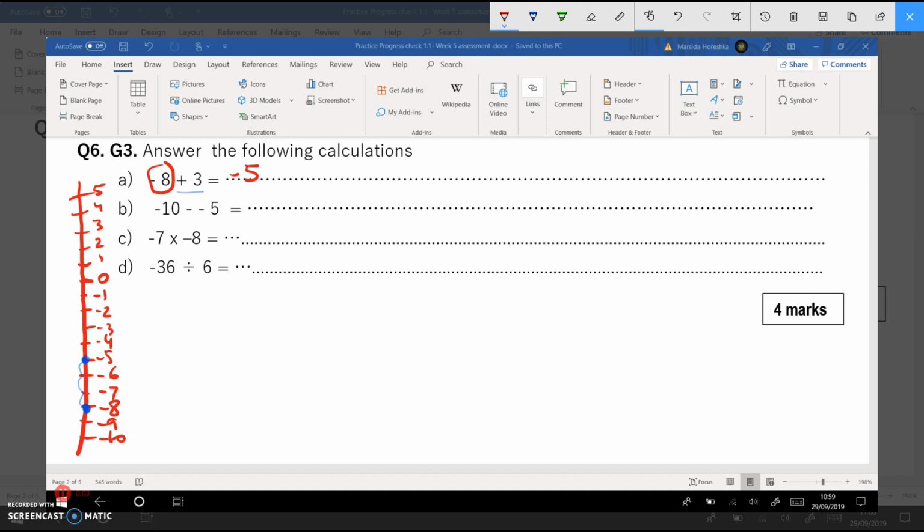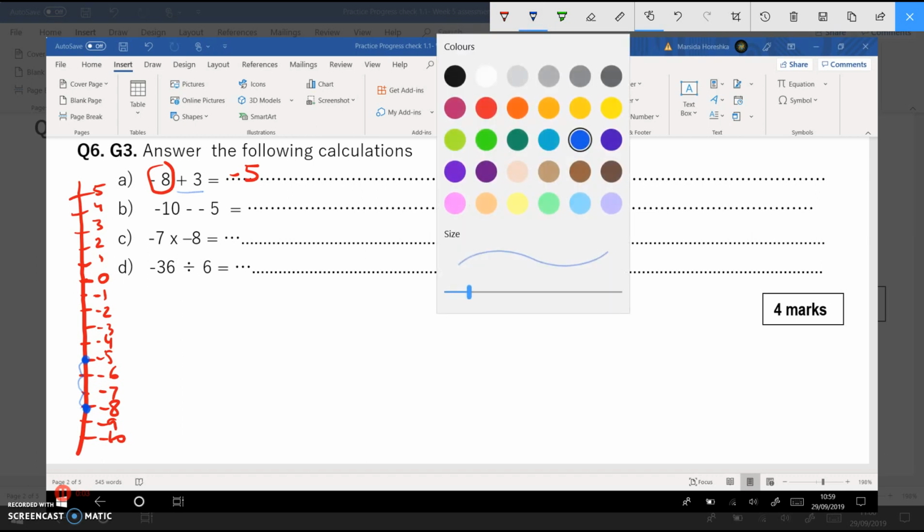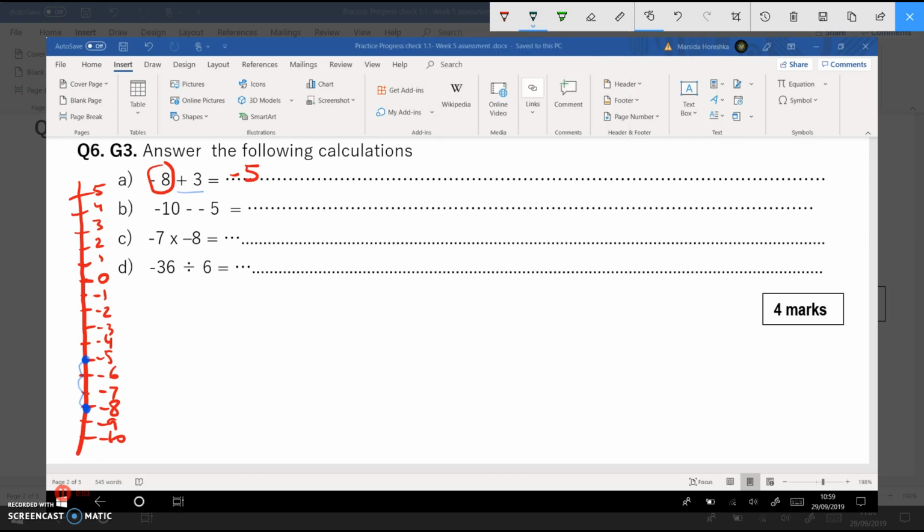Then we have -10 minus -5. So the initial temperature is -10. So we're starting on -10. But what do we do then?